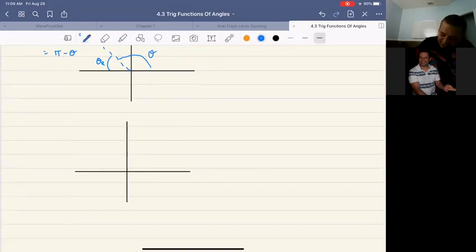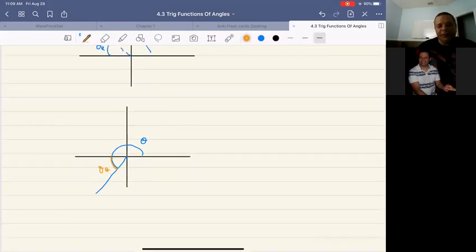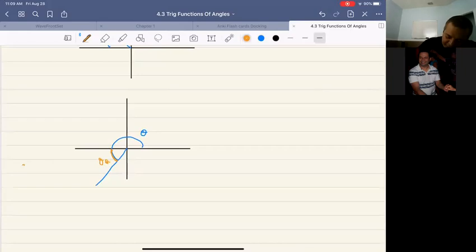If we're in this quadrant, this is theta, but this little piece is theta r. So here, theta r is theta minus 180 degrees or theta minus pi, depending on whether you're in degrees or radians.